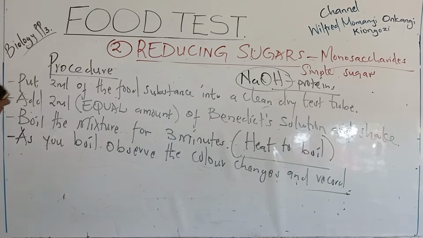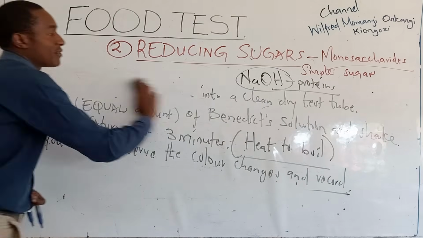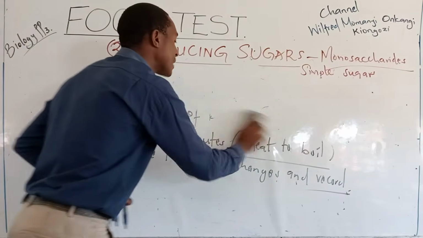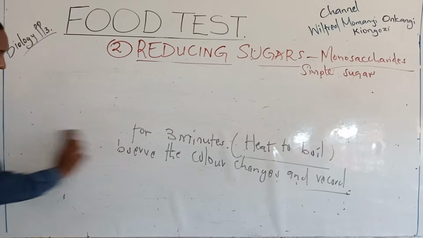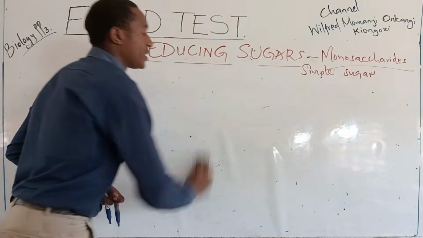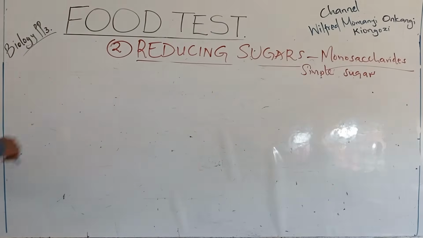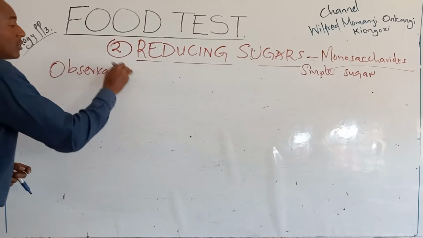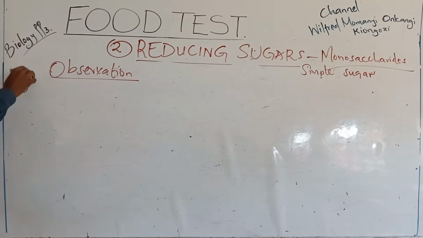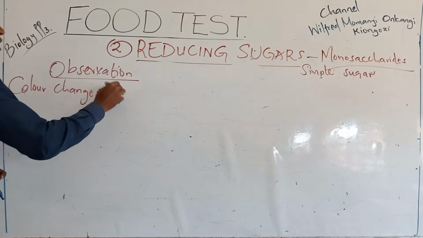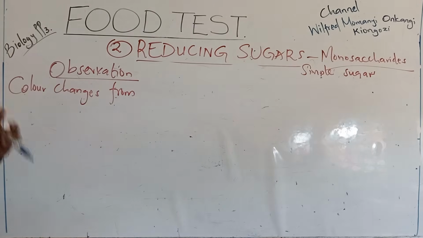What happens if reducing sugars are present? Check the observation for a positive reaction. This is what you will see. For a positive observation, color changes from the background color.